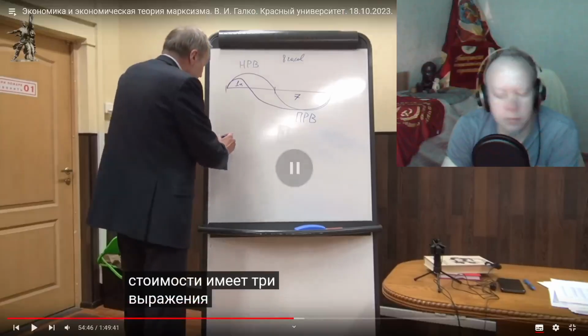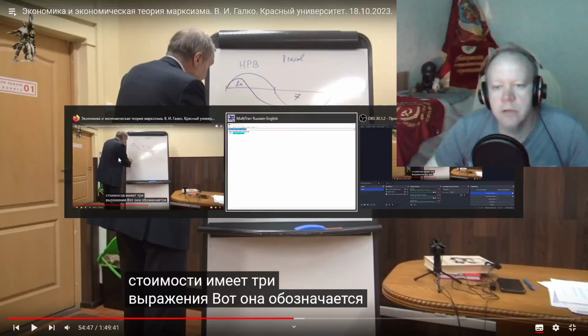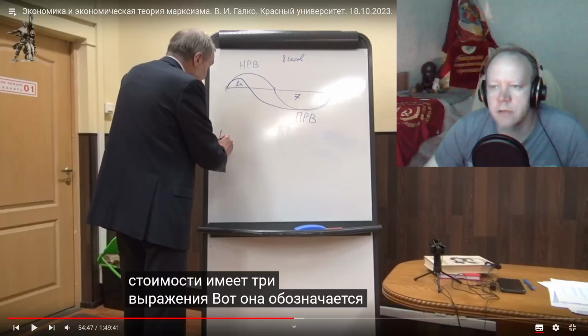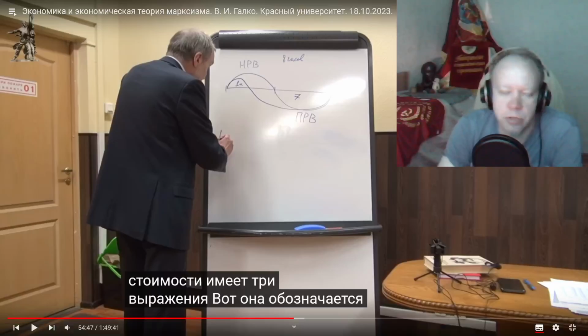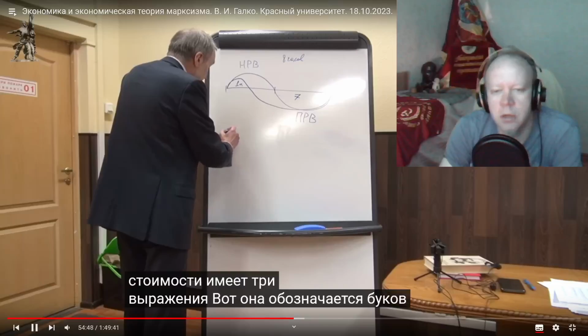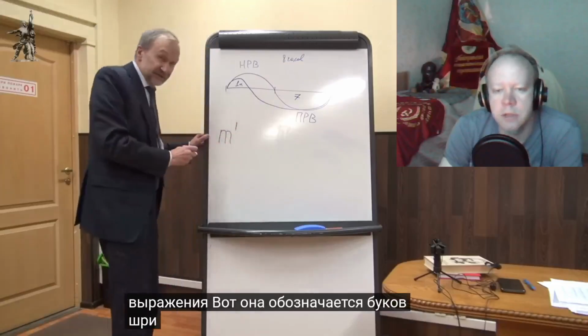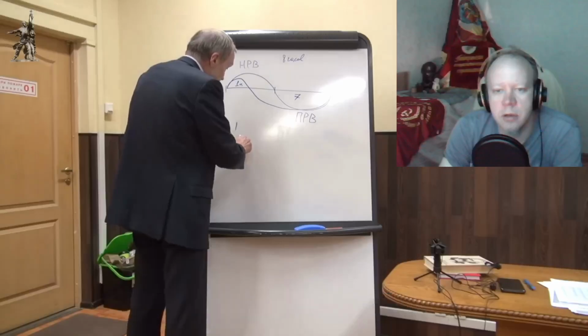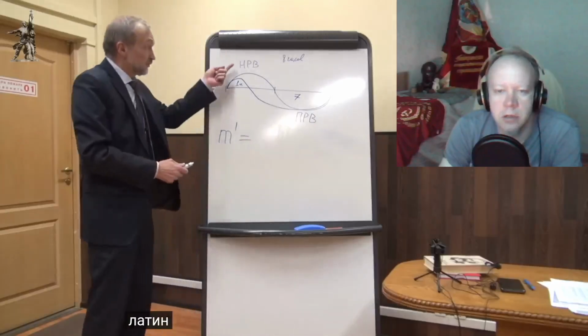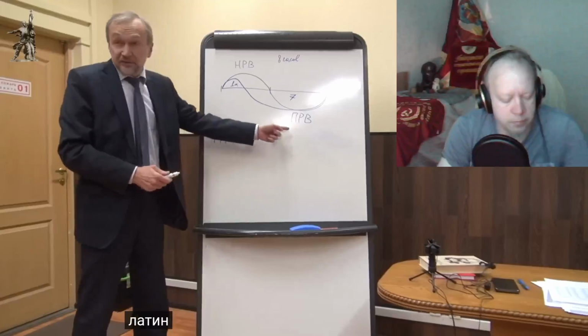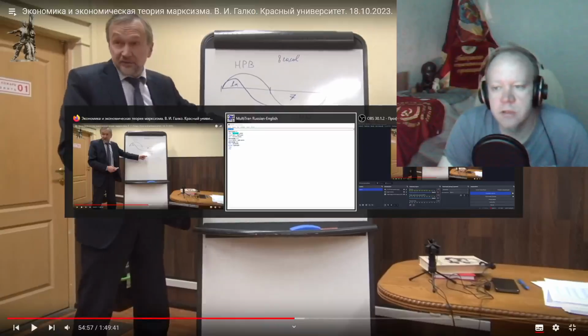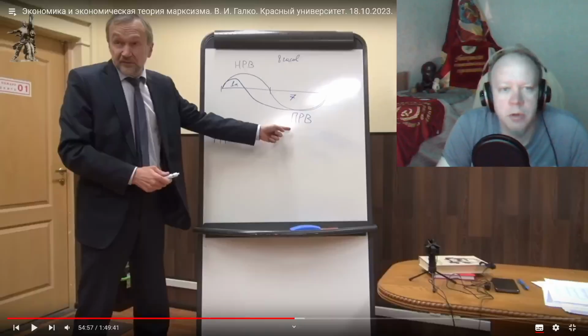And the rate of surplus value can be expressed in three ways. It's denoted by M dash, or by this comma, inverted comma, or apostrophe.